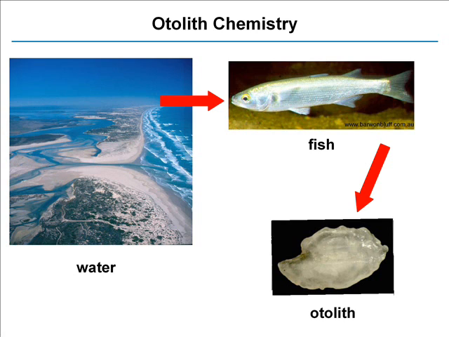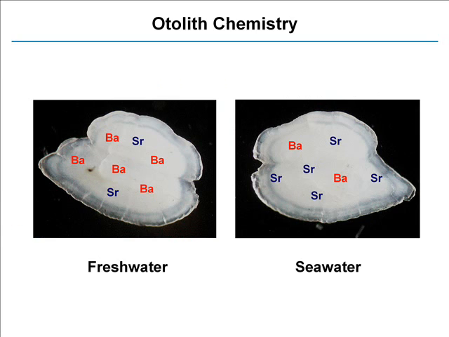So, for example, if we have 2 fish, one that spent time in freshwater and one that spent time in saltwater, we'd expect the freshwater one to have much greater concentrations of barium, lower concentrations of strontium by comparison to the fish that spent time in seawater. This is based simply on the amount of those elements available in each of those environments.